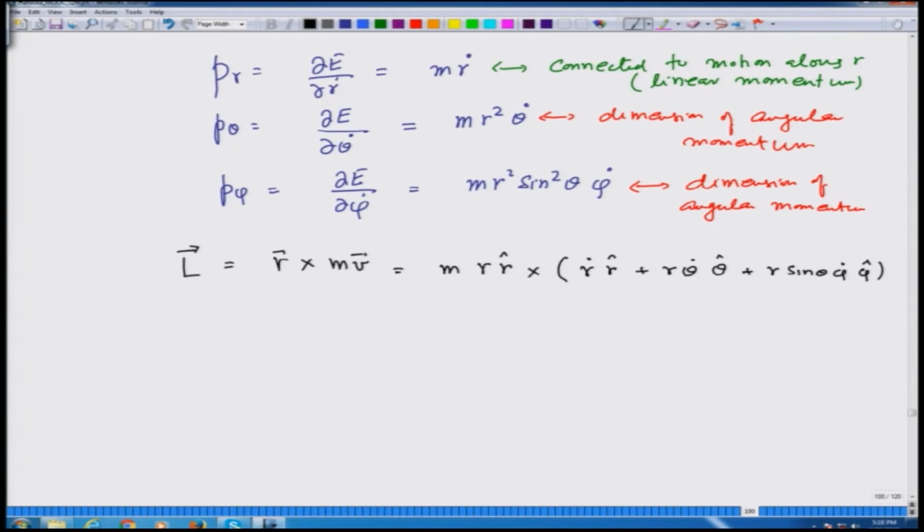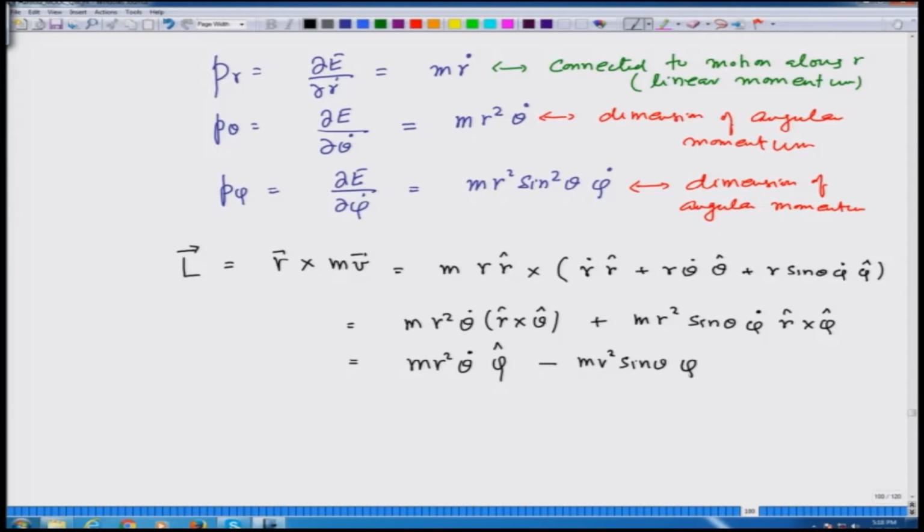When you take this cross product, this comes out to be m r² theta-dot r-hat cross theta-hat plus m r² sin theta phi-dot r-hat cross phi-hat. And this is nothing but m r² theta-dot, r-hat cross theta-hat is phi-hat. R-hat cross phi-hat is minus theta-hat. So, minus m r² sin theta phi-dot theta-hat.